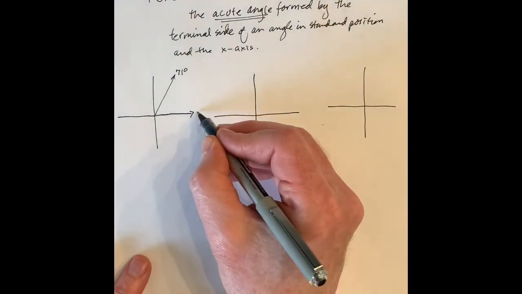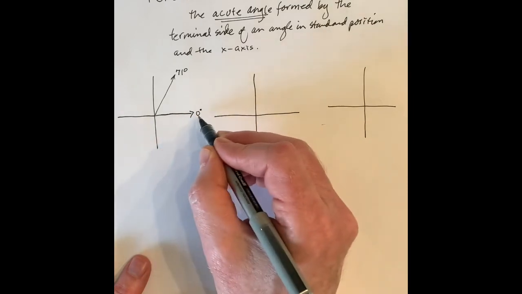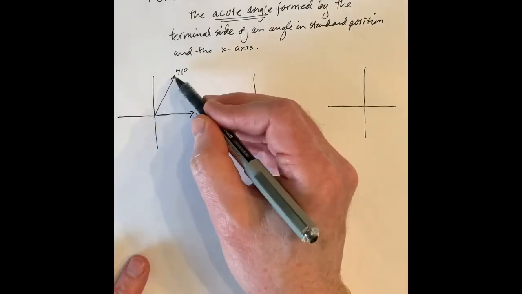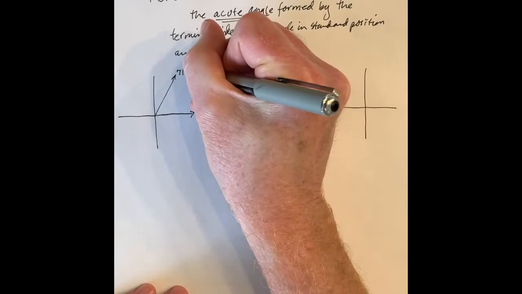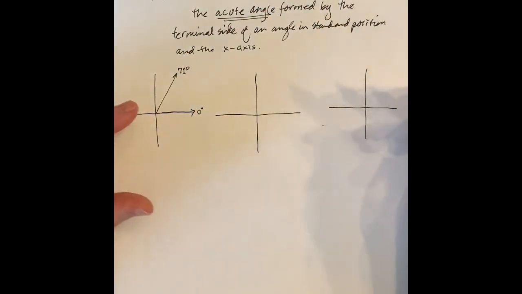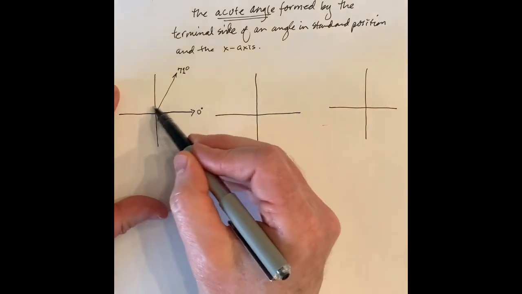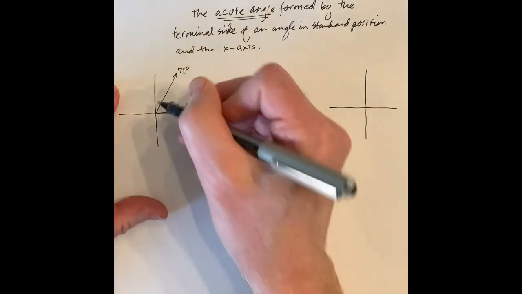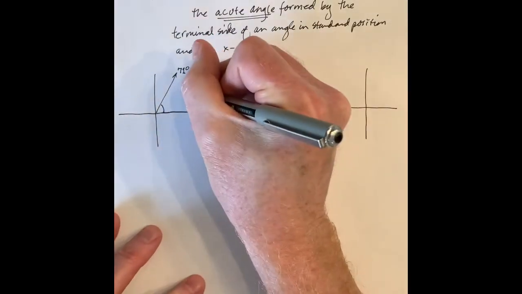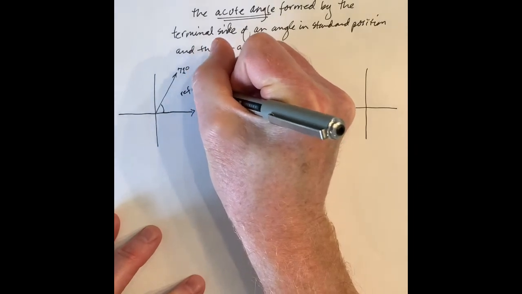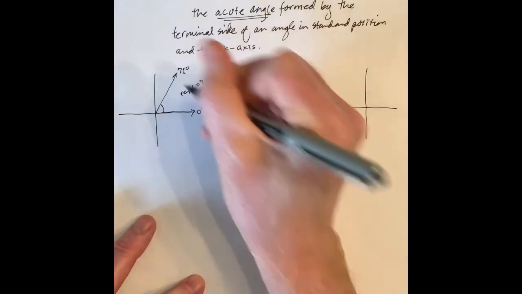Now remember, standard position, one arm's got to be pointing at 0, and then the other ray is somewhere else. So if this is 71 degrees, what would be the acute angle formed by the terminal side and the x-axis? Well, it's not that. That's not acute. So it would have to be this. So in this case, the reference angle is also the same as the angle itself.